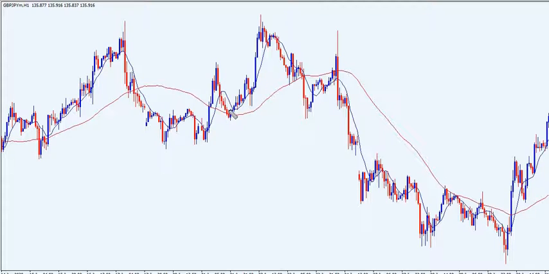So we are looking for the market to continue the trend above. So our trigger is this candle right here, the break above the 8 period moving averages on a market that is already above the 55 period moving averages.